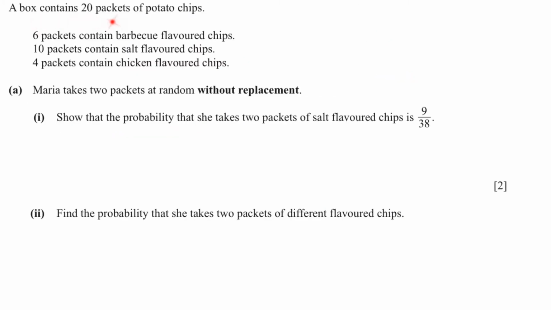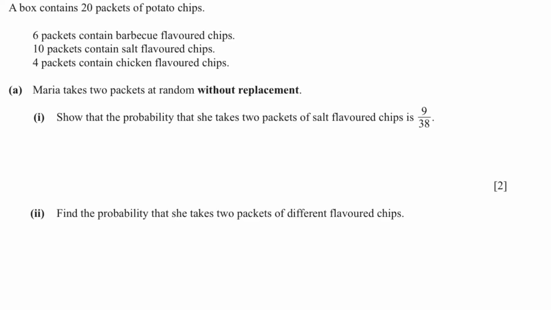A box contains 20 packets of potato chips. 6 packets contain barbecue flavored chips, 10 packets salt flavored, 4 packets contain chicken flavored chips. Maria takes 2 packets at random without replacement. Show that the probability that she takes 2 packets of salt flavored chips is 9/38.